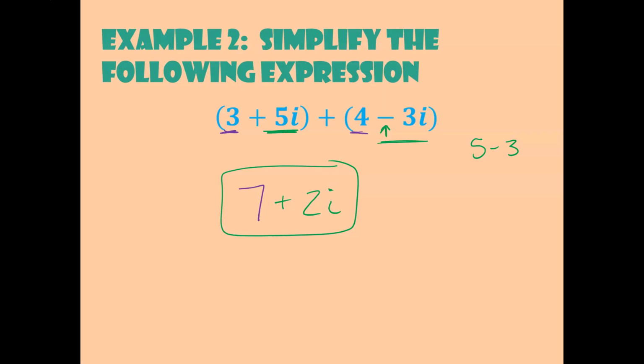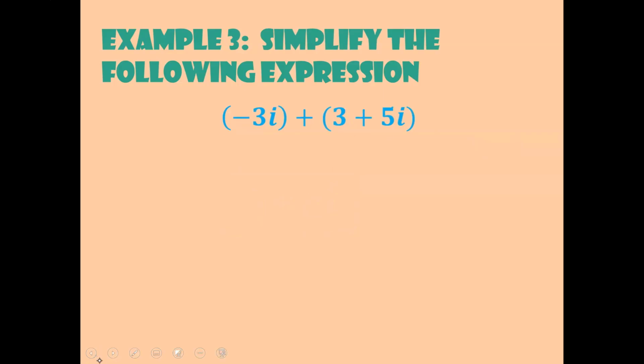All right, let's do another one. The next one says, simplify the following expression. Now this one, I want you to pay close attention. If you look at this first set over here, there's no real part, okay? And that's fine. It doesn't have to have a real part. It can just be an imaginary number.